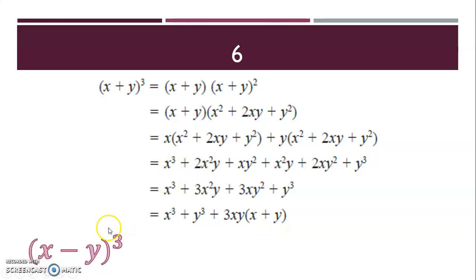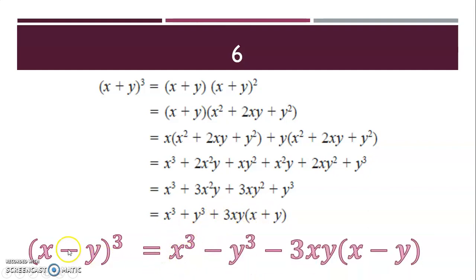So (x - y)³ will be, instead of y we put minus y. So I'll have x³, and (-y)³ will be minus y into minus y into minus y, which gives me minus y³. Instead of y, if I put minus y here, I'll get minus 3xy, and this will be (x - y).